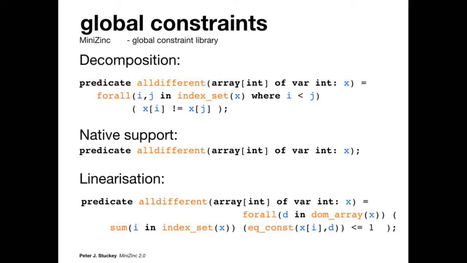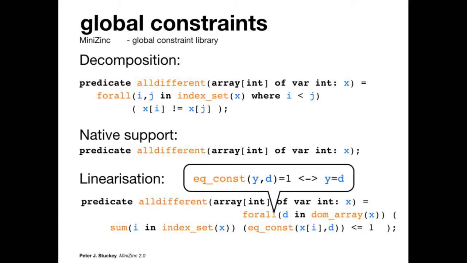This is like the n-value constraint. And this makes use of another built-in function, which is basically converting an integer into an array of Boolean variables.